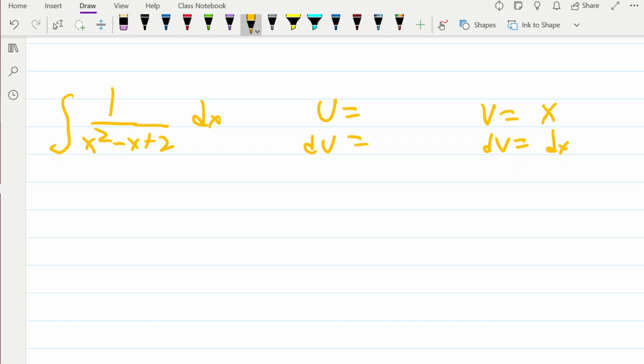And that means we can set u, or actually, let's see. Yeah, I think we're going to have to do that. So dx, x, u will equal 1 over x squared minus, no, that doesn't. We set our u equal to x squared minus x plus 2?